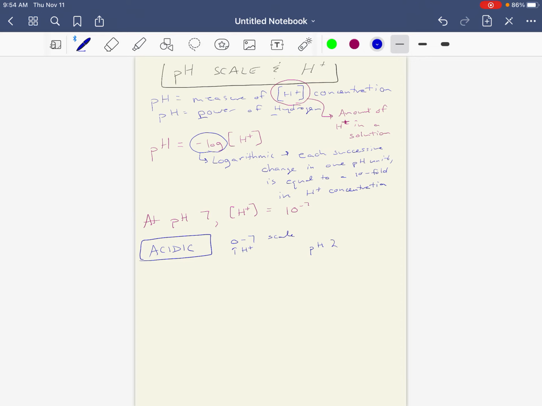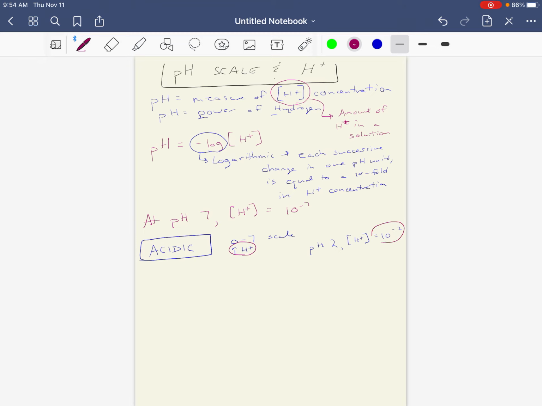Let's talk about something like hydrochloric acid in the stomach. At a pH of 2, the amount of hydrogen ions in that solution is equal to 10 to the negative 2.